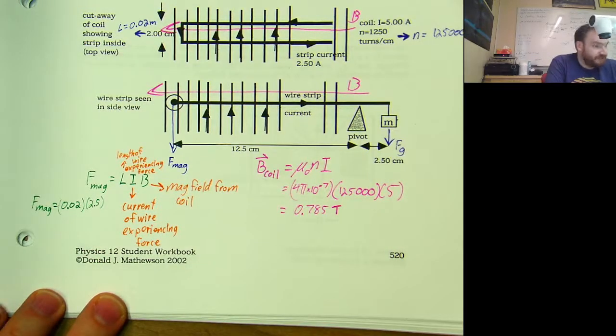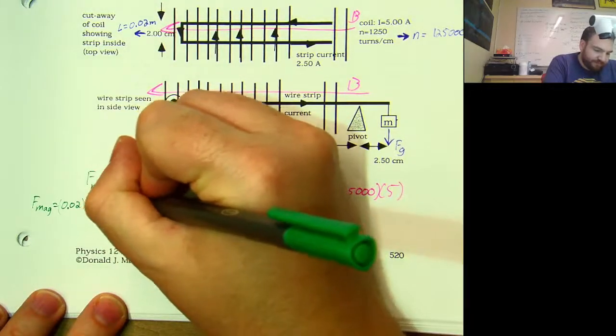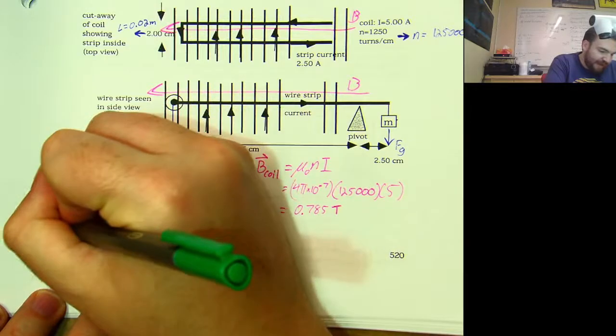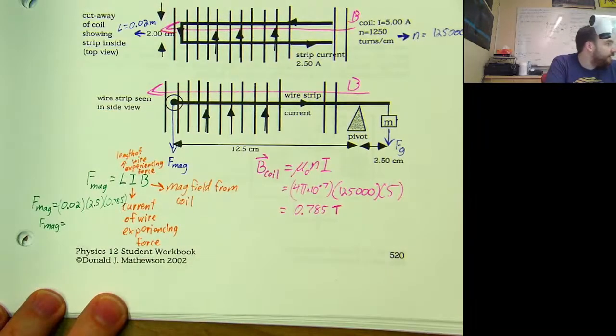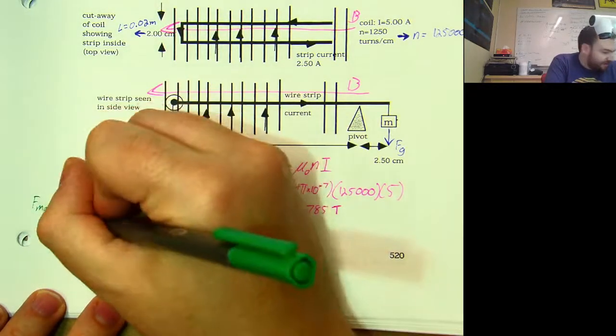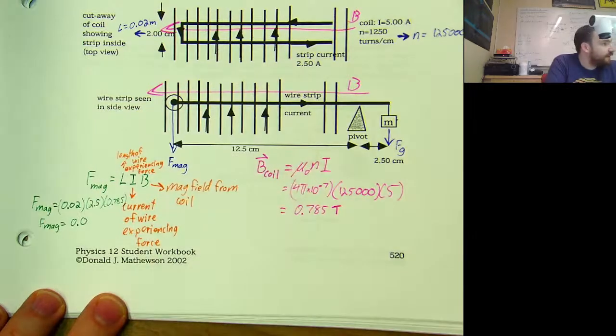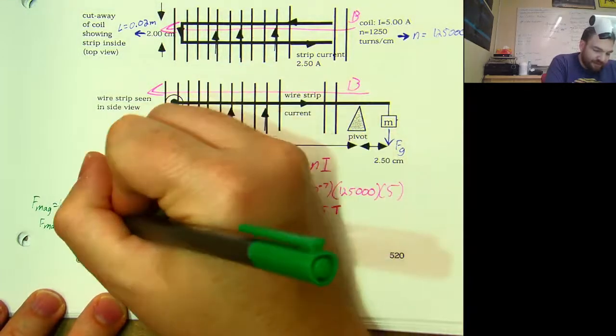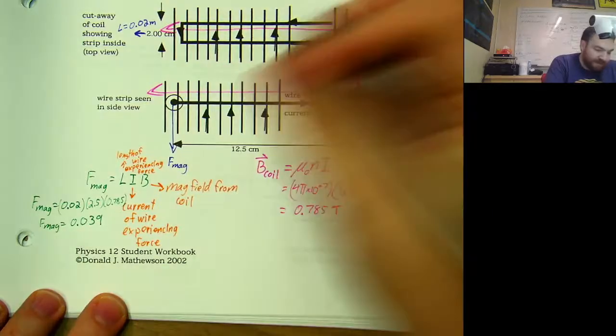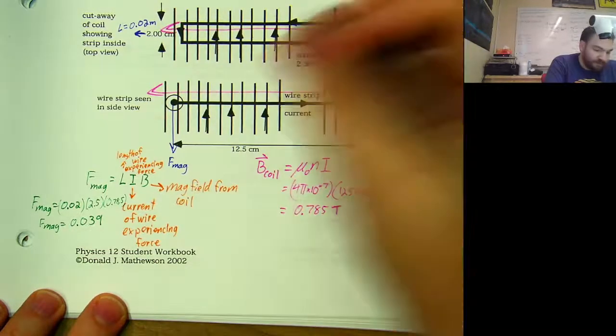And the B field it's experiencing, 0.785, what we just calculated. So F mag, can someone verify that value? 0.039, and that's a force measured in newtons.